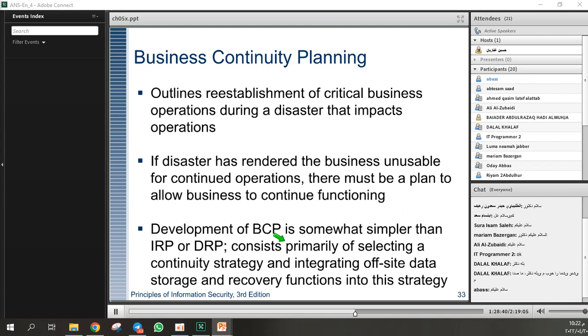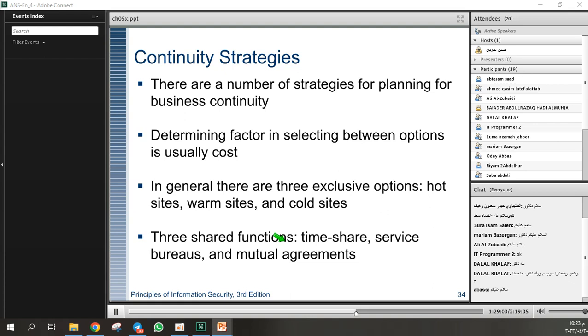For example, we should select a continuity strategy. We should integrate off-site data storage, and we should talk about how we can recover data. How can I recover my business? BCP is simpler.